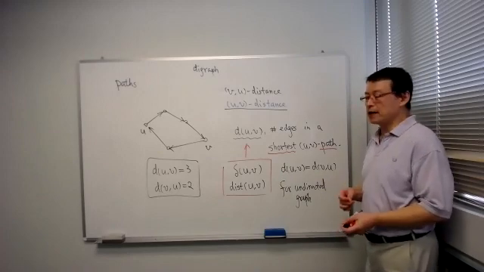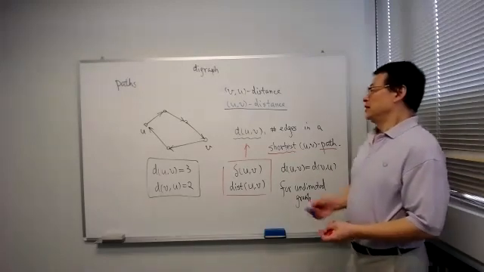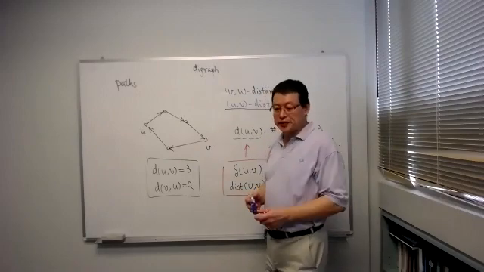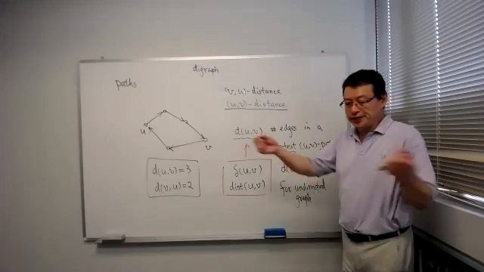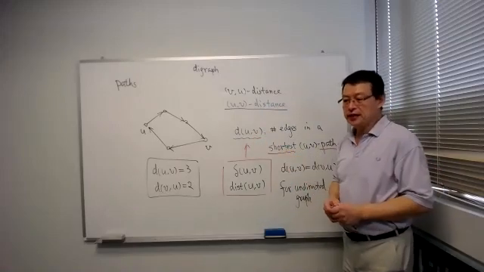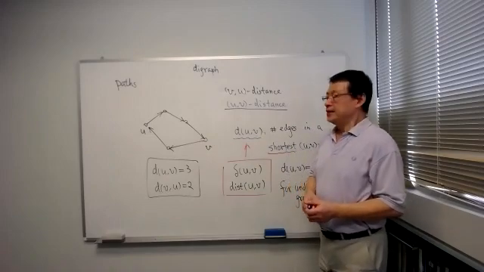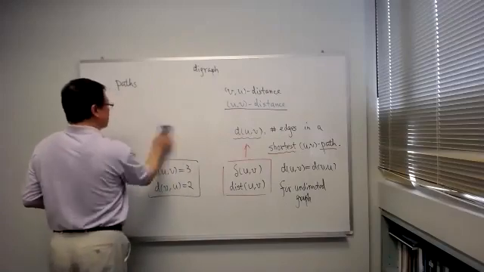Okay. So that's the notion of path and distance. Of course, when we talk about distance, very often edges will have a number associated with them. For example, if we use a graph to model physical distance, an edge corresponds to a street. So look at the following situation.